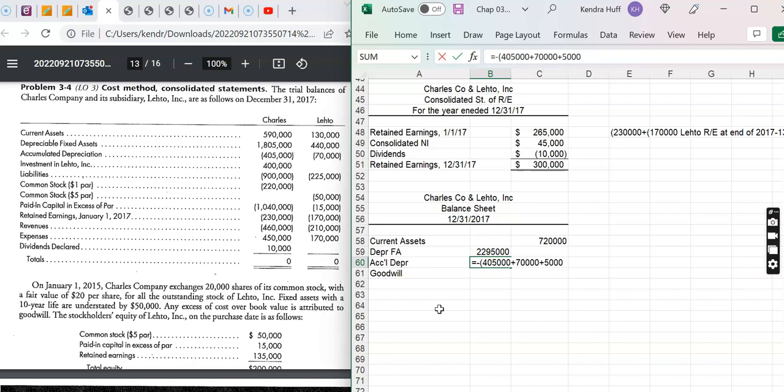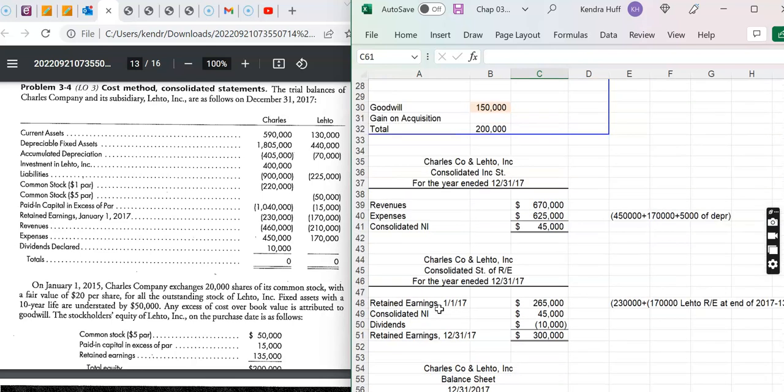Didn't they do this in 2015? So it should be 2015. I personally think it should be 15,000. But let's see if this balances out. And then goodwill was 150.